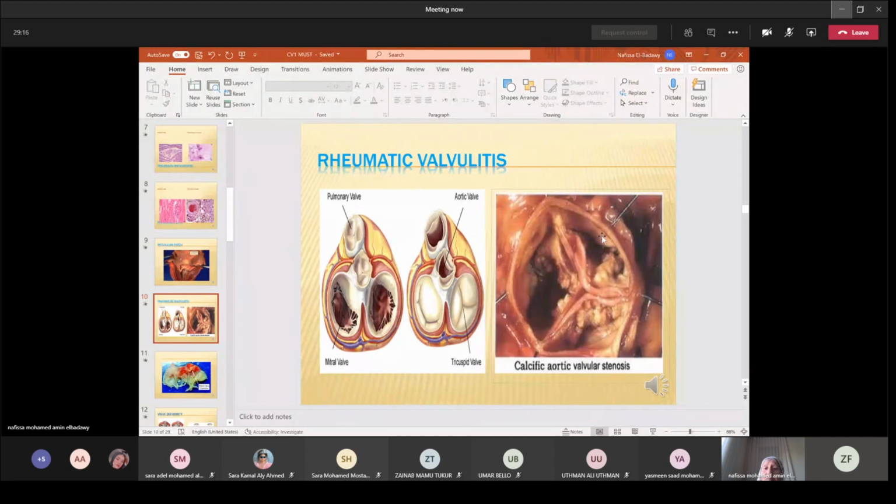And sometimes we also get calcification. As we know, calcification occurs on degenerated and necrotic material. So these are degenerated areas of the valve where calcification is deposited. The calcification will add to the harm and morbidity of the valve.